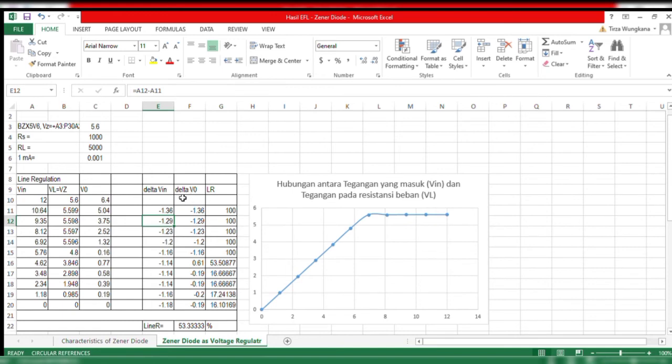Same with delta V null, and then the percentage is 53.333%.